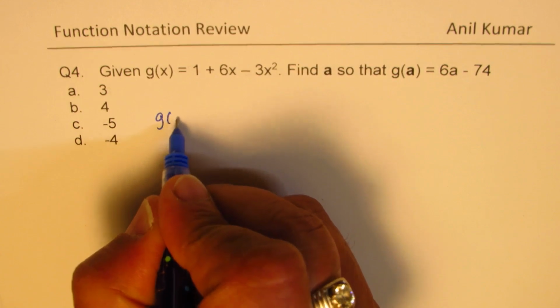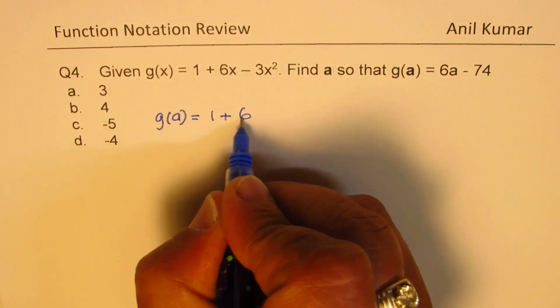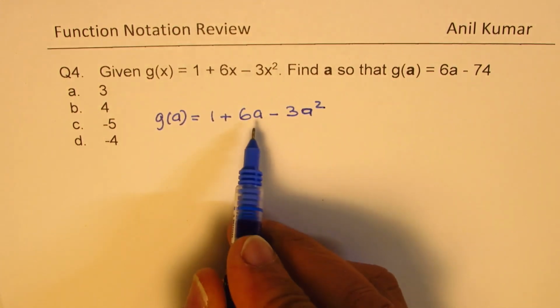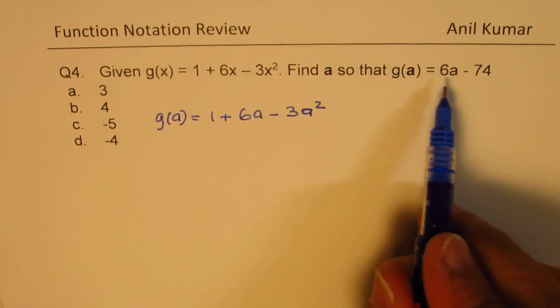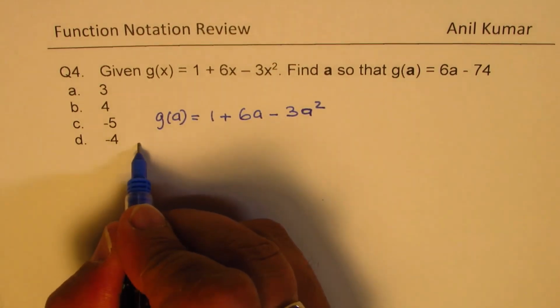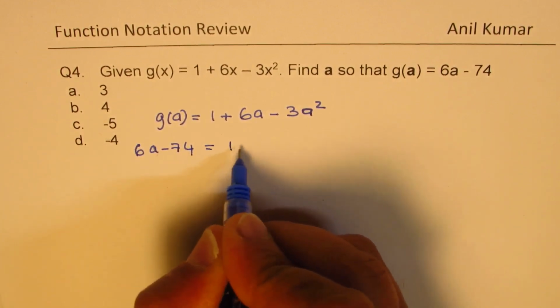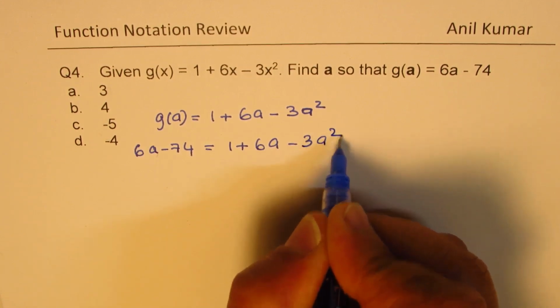So we get g of a as equal to 1 plus 6a minus 3a squared. Replace x with a. But we are given that g of a is 6a minus 74. So we'll write this as 6a minus 74 equals 1 plus 6a minus 3a squared.